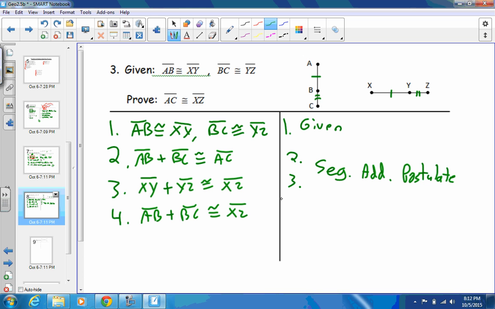That's just substitution, because of what we were given. Now, if AB plus BC is congruent to AC, and AB plus BC is congruent to XZ, then we can do some substituting here and get that AC is congruent to XZ. We could say that would be substitution. We could also argue that that would be the transitive property of congruence.